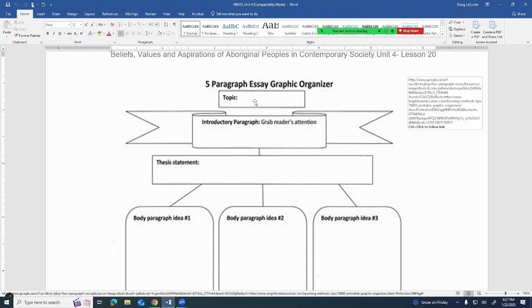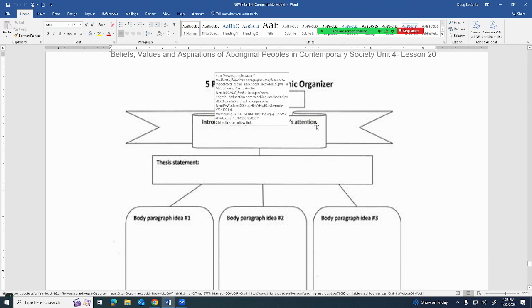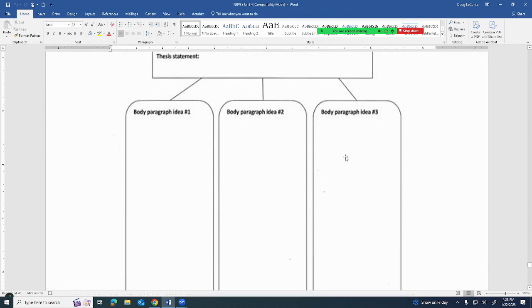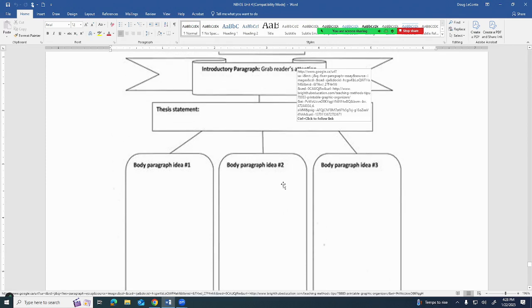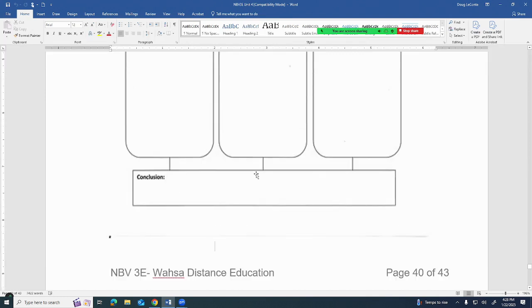So your topic, of course, is the idea that you are going to discuss in your essay, and then your introductory paragraph, which will include your thesis statement and your body paragraph ideas, right? So you're introducing these body paragraph ideas in the introductory paragraph, okay?